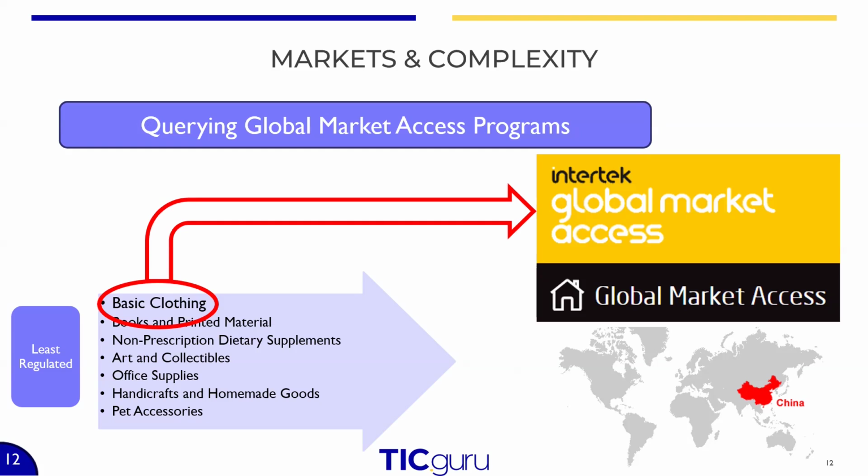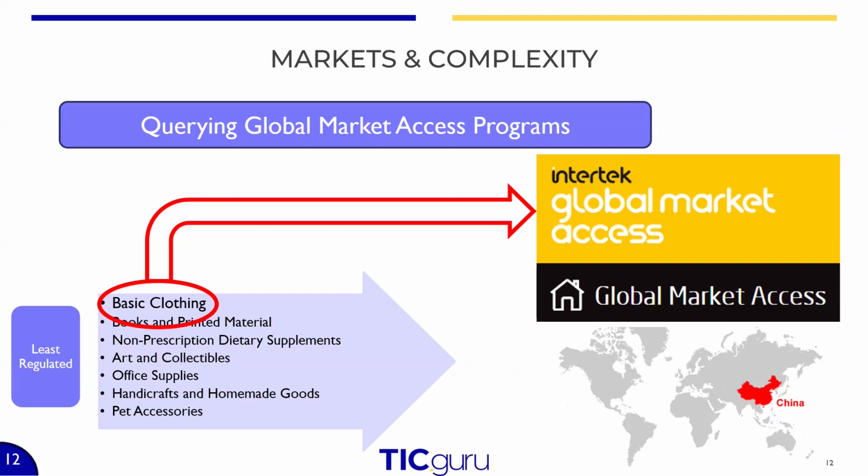So Intertek, who have a global market access portal itself, has a very interesting service that allows a seller or a buyer to access at one place a detailed map of the regulatory or mandatory compliance requirements in order to place a given product in one or several markets. Very interesting, very user friendly, I found this interface.